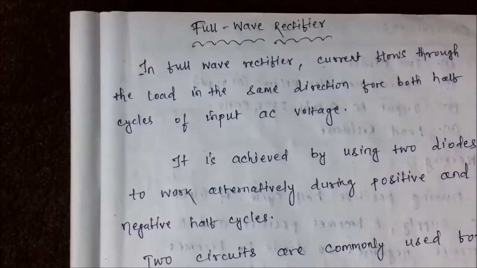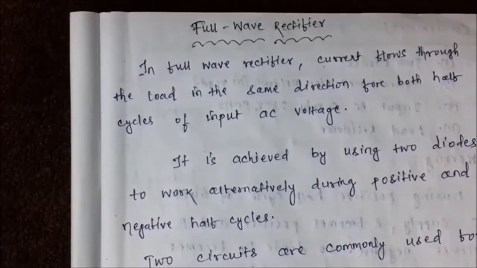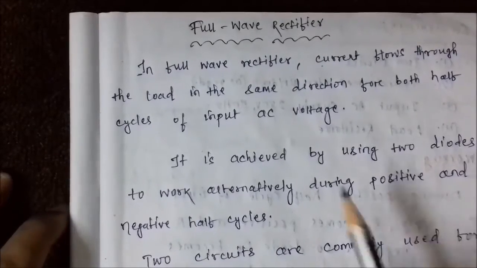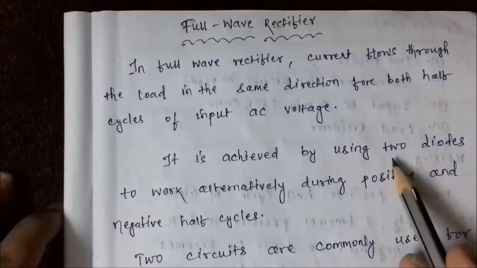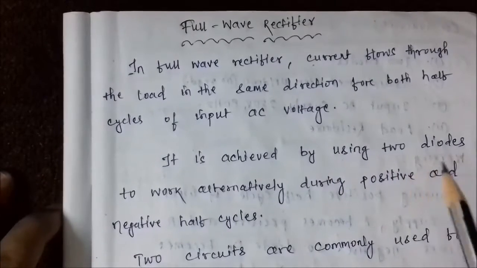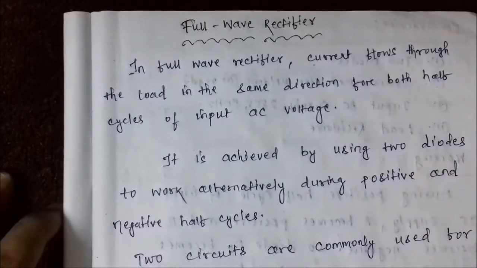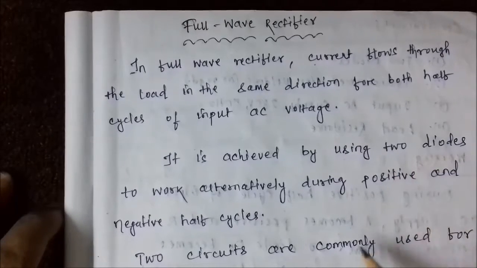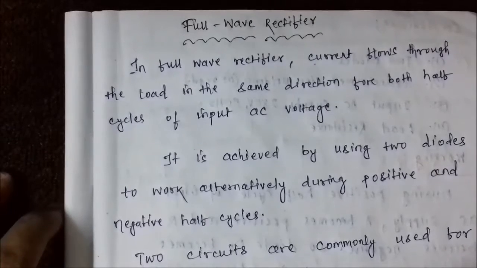Conversion of AC into DC takes place during both the half cycles. Now this is achieved by the use of two diodes as opposed to the one diode which is used in the half wave rectifier. These two diodes are made to work alternately, to work during both the positive and negative half cycles.